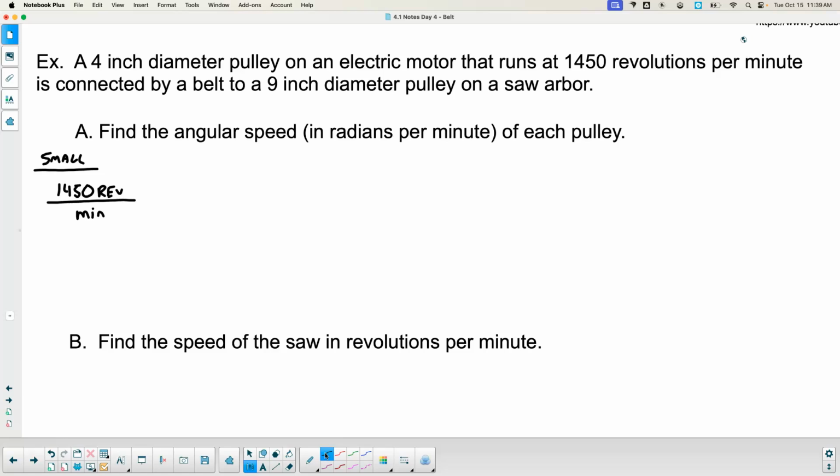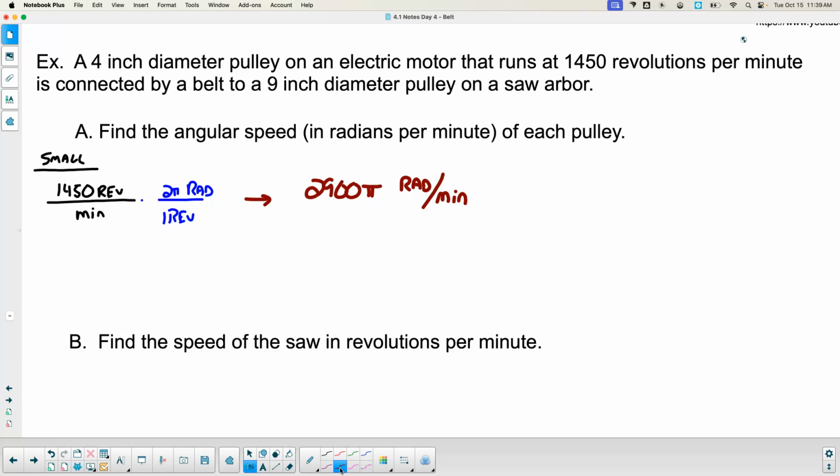Well, that means 1 revolution is 2 pi radians. So the small one is at, what would that be? 2,900? Yeah, it is. 2,900 pi.